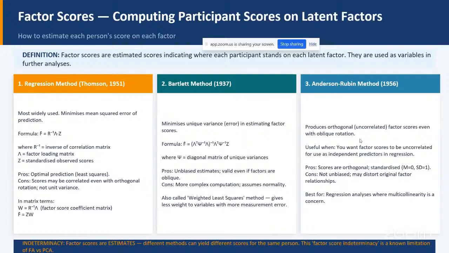These are three different situations when we need to use these. Usually we use regression as the default. The second method is appropriate when we need to deal with multicollinearity. The third method is appropriate for us as well.